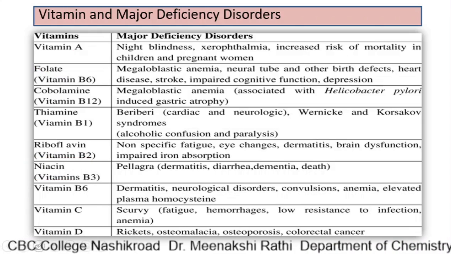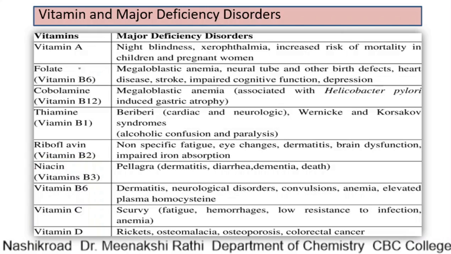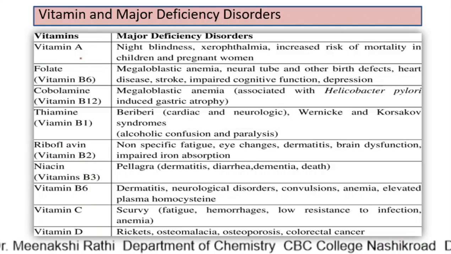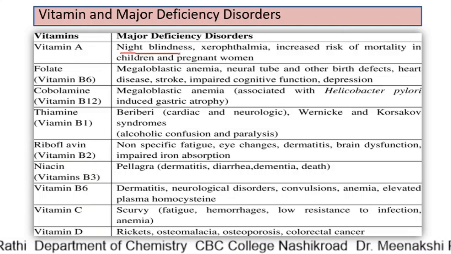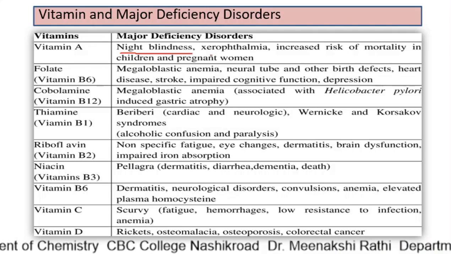Let's start with vitamin A. I guess all of you remember, vitamin A is a fat soluble vitamin, and the major deficiency disorder of vitamin A is related to vision, that is night blindness.